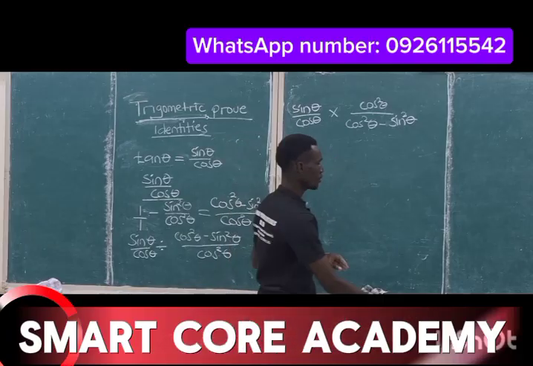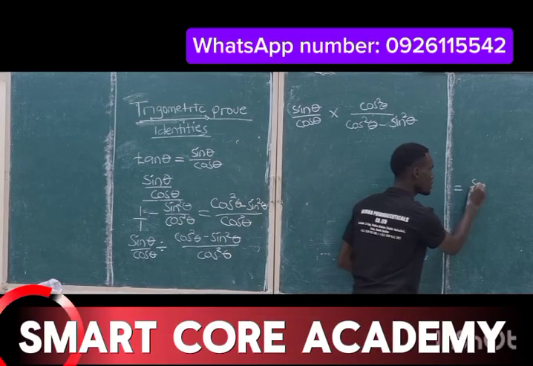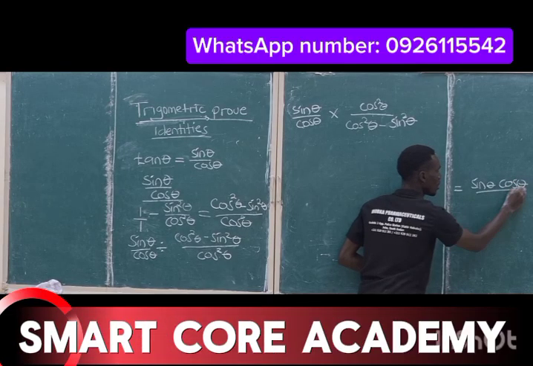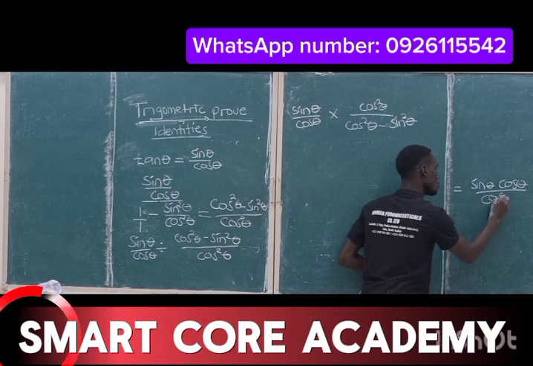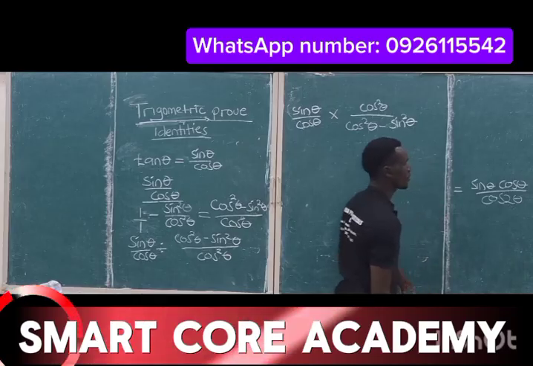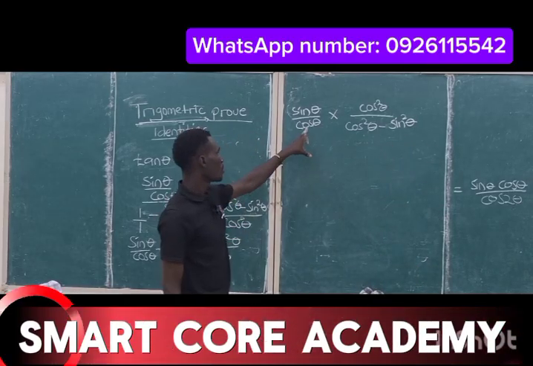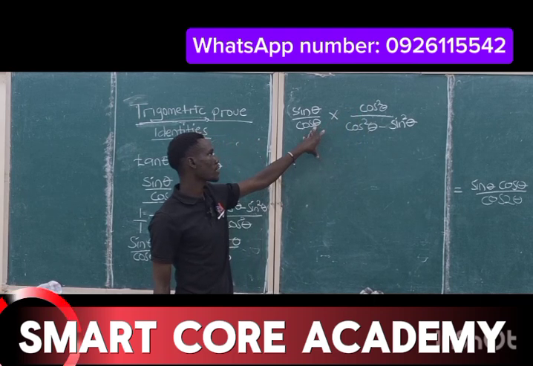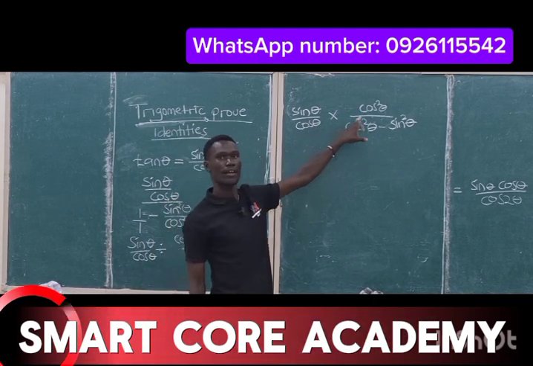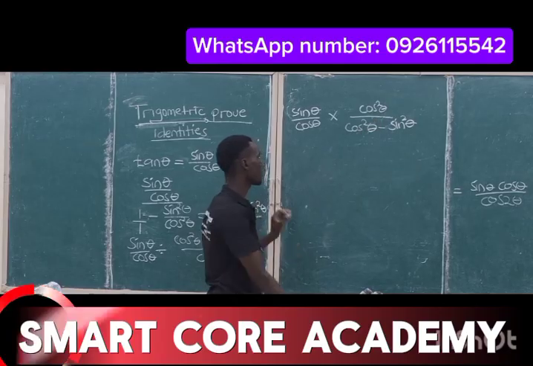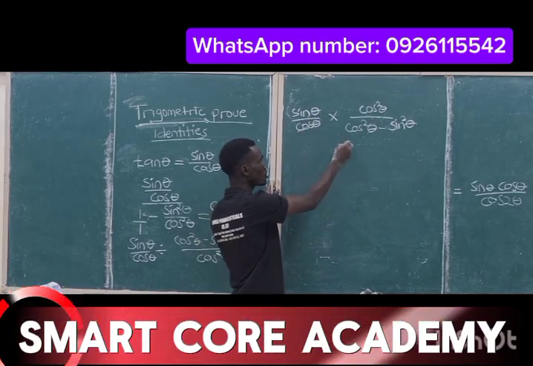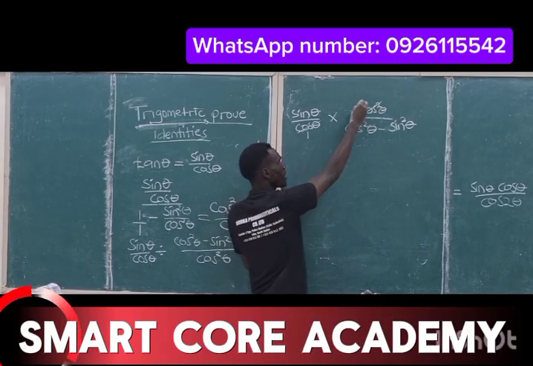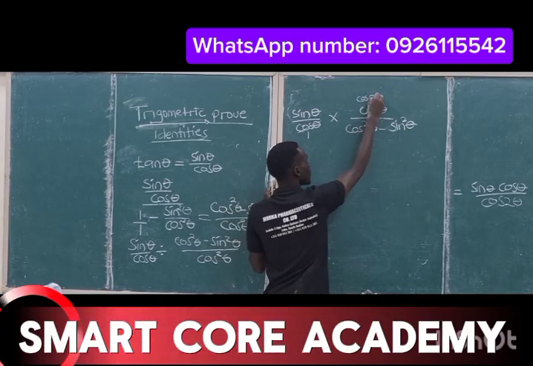So according to our answer before, it should give us sine theta cos theta all over cos 2 theta. Now let's continue. As this one reciprocates, we will see the common factors. Here we have cos theta, and also here we have cos square theta. Here cos by cos, we are left with 1. Here cos square theta, when you divide, we are left with 1 cos theta.